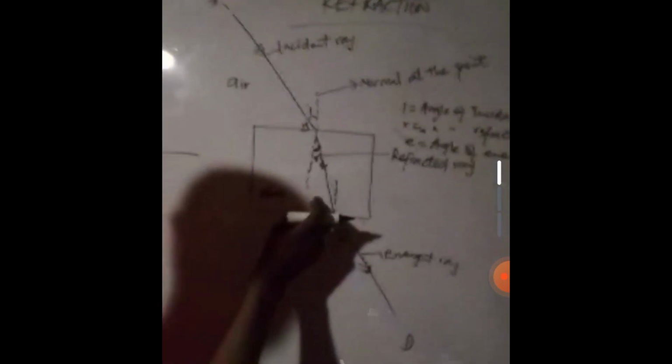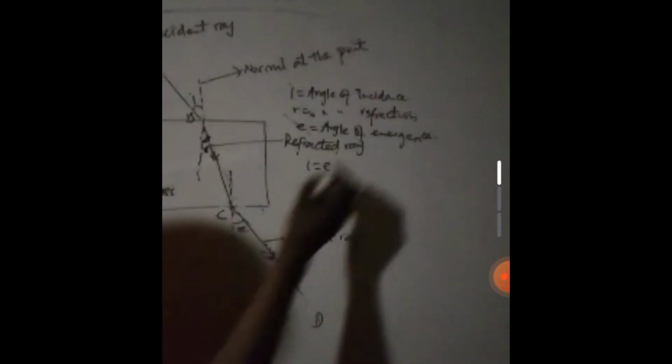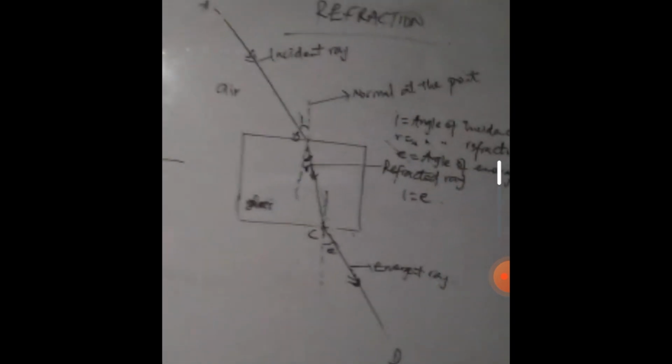And because the emergent ray is parallel to the incident ray. Why? Because they are both in the same medium. This one was from air. It passed through glass. Now it has entered air back. Definitely they will follow the same path. So that's why the angle of incidence equals the angle of emergence. I equals E. Do you understand now, please?